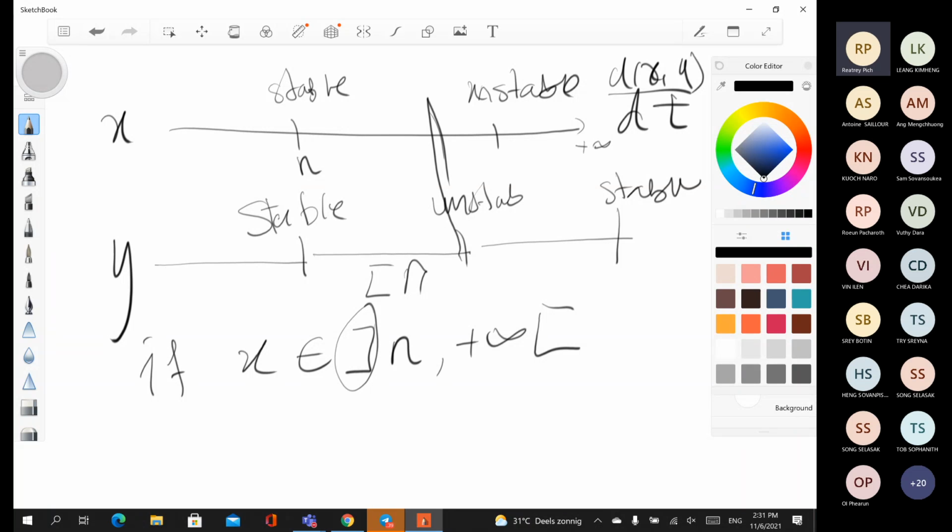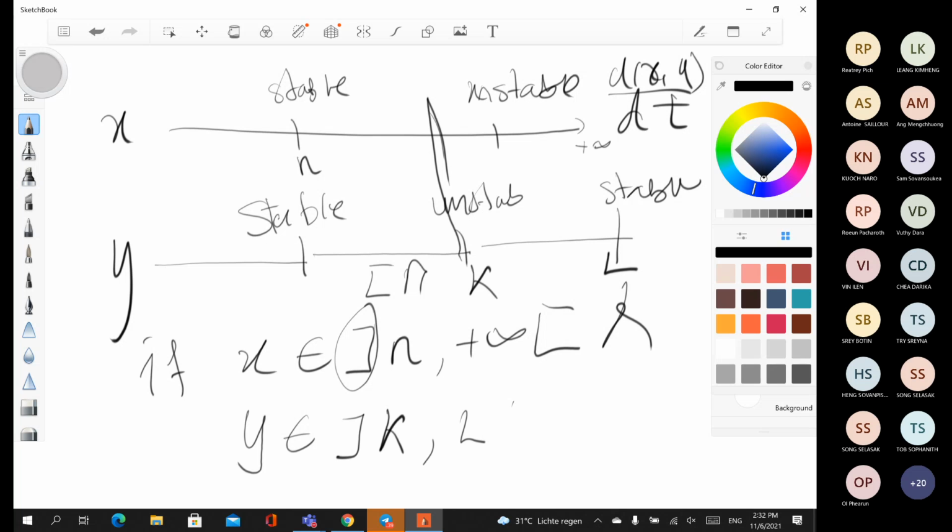So x and y belong to, I just put k here because I would like something unstable. So k and l here, for example. So h belongs to k and l. So our system is unstable. Can you see something like this?